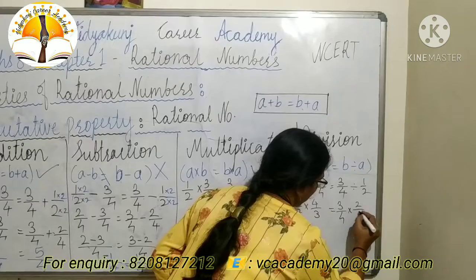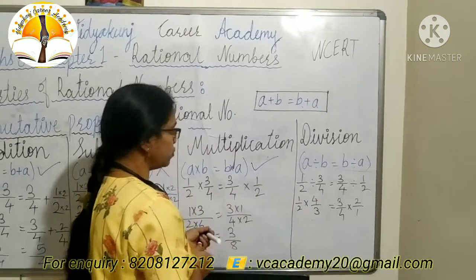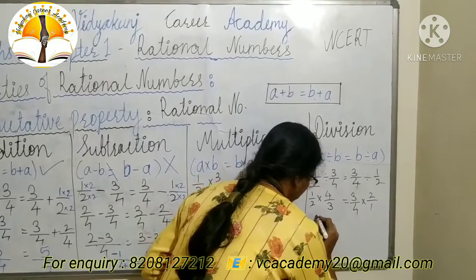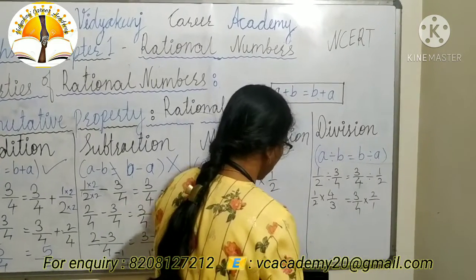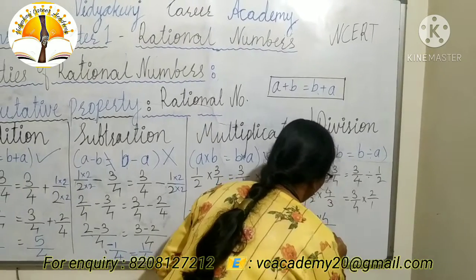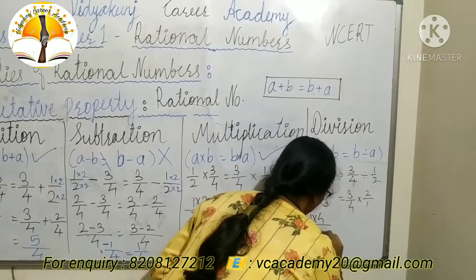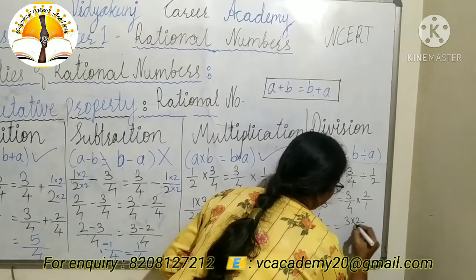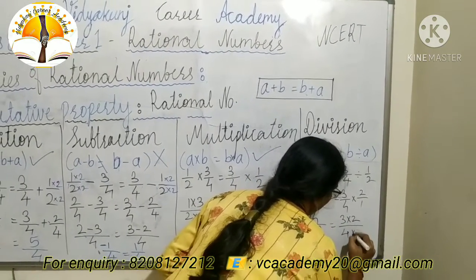Now you know how we have to multiply here. 1 into 4, 2 into 3, 3 into 2, 4 into 1.